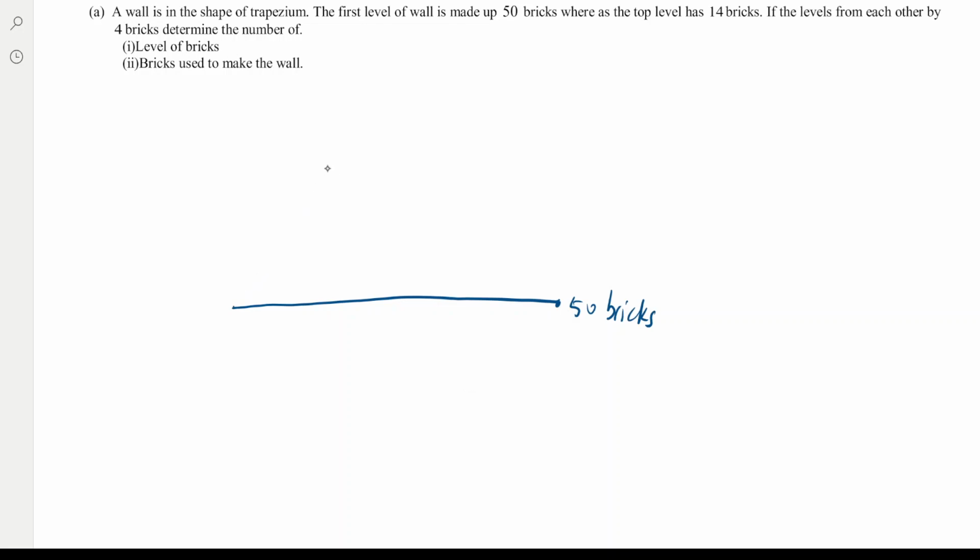The number of bricks will be decreasing slowly to the point where we have 14 bricks at the top level. And we will have different levels. We don't know how many levels we have, but this is the brick we are having, and this is our wall.